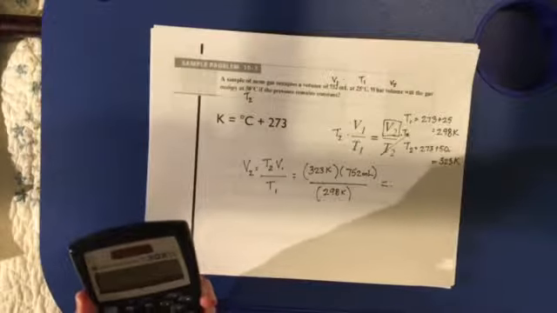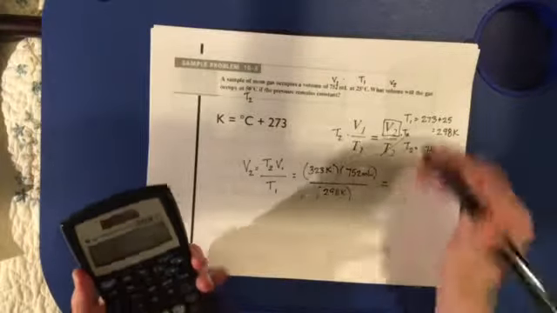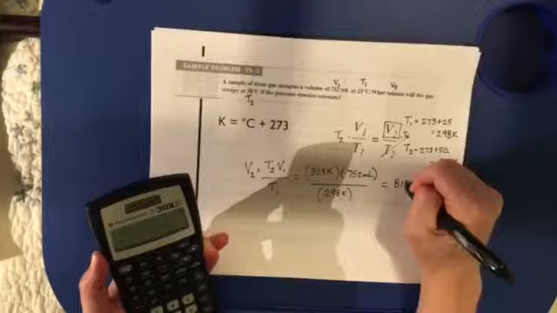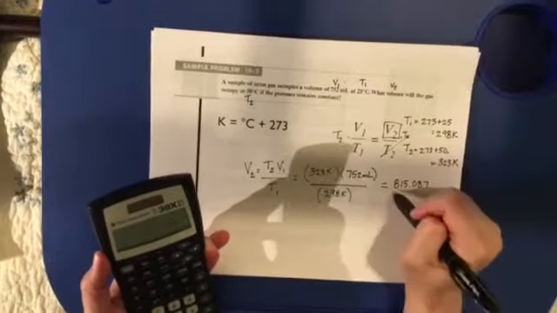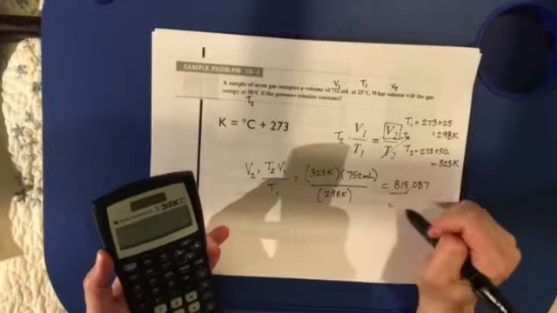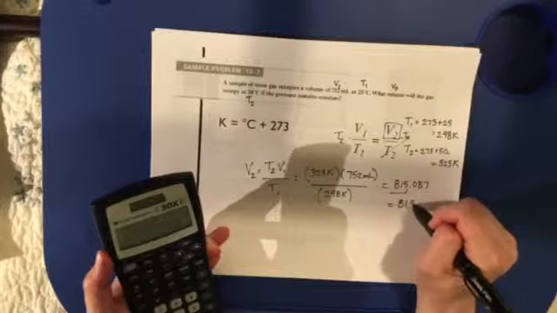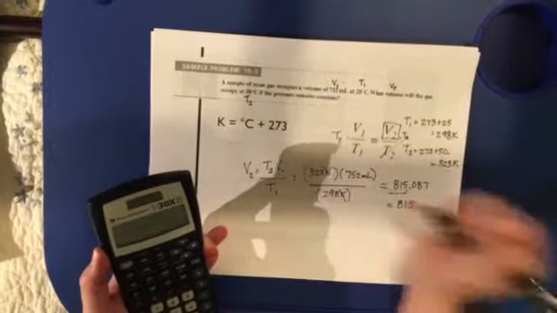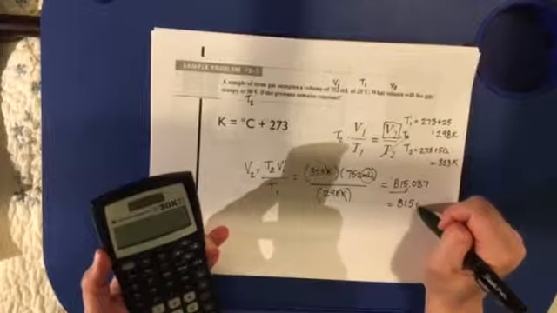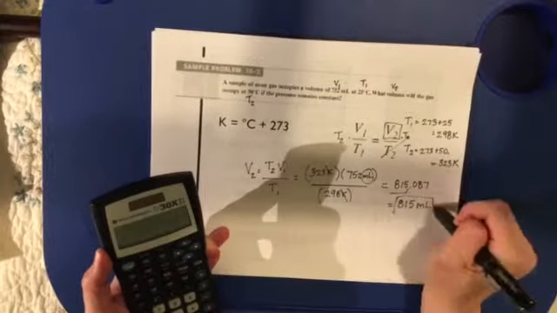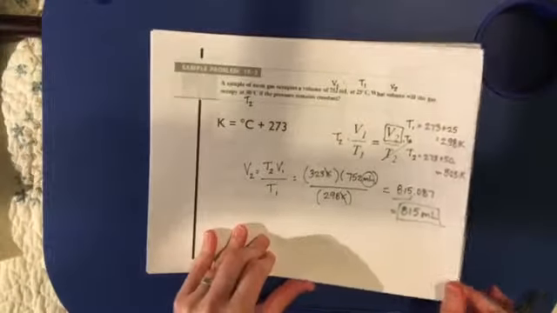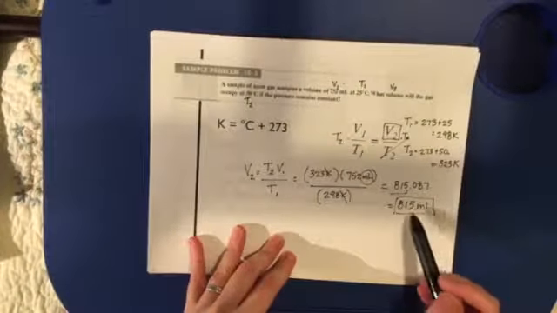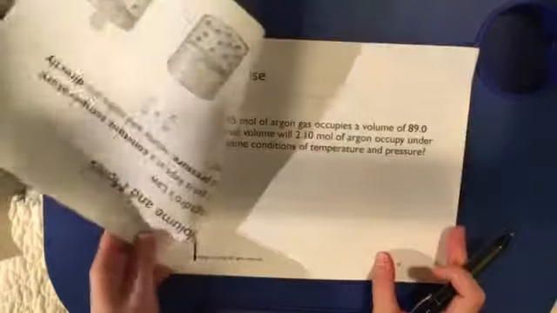Divide that by 298, and I get 815.087. 3 significant figures, so 815. Kelvin cancels, end up with milliliters. So the volume did increase, so that number looks right. You have increased the temperature, so you've also increased the volume.